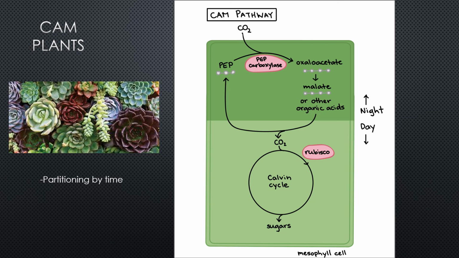So there's enough carbon dioxide to bind to the rubisco because of the reduced malate and other organic molecules that can be broken down and release carbon dioxide. And then as the Calvin cycle is happening during the day, that's so that it can utilize the NADPH and the ATP that's produced from the light reactions. But it already has enough carbon dioxide that we don't have to worry about oxygen binding all the rubisco. So partitioning out our pathways via time ensures that no photorespiration occurs.